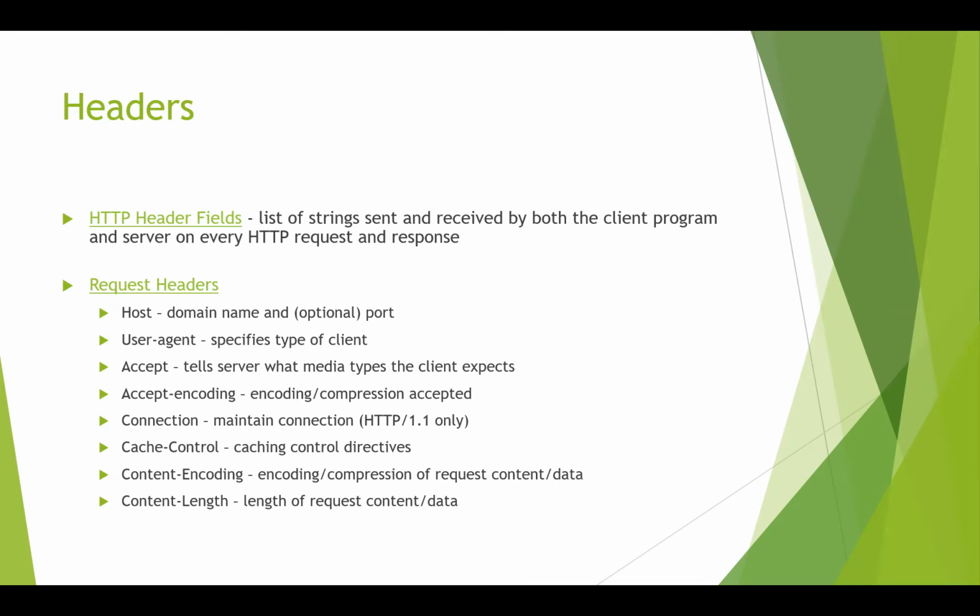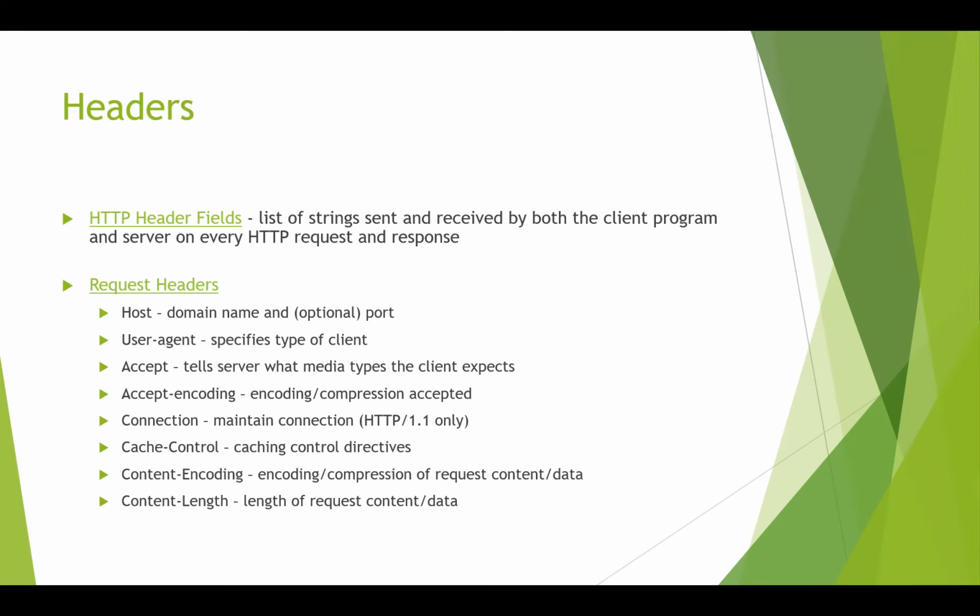The user agent simply tells the server what type of client is attempting to connect to the web server. This can be used to control the behavior, or rather the response back from the server to the client. The accept encoding simply tells the server what media types the client expects, as well as the encoding and the compression that is accepted.